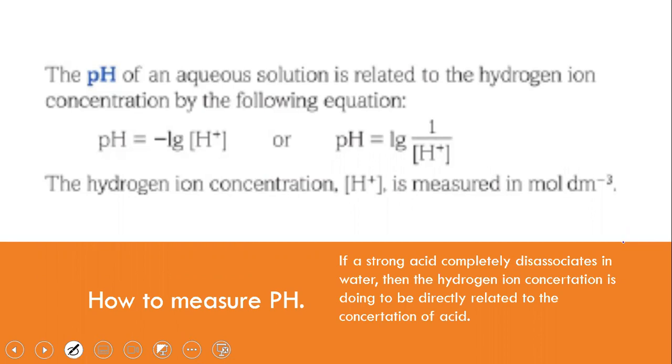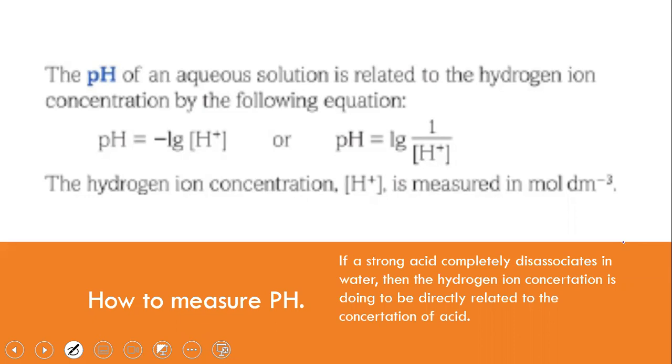Now, there is a big question, and that is how we can actually measure the pH of the solution, right? How can we measure the pH? So measuring the pH, you can use a machine like a pH meter. We have to talk about how we can calculate the pH of a solution. When we are measuring the pH, we are measuring the hydrogen ion concentration, right?